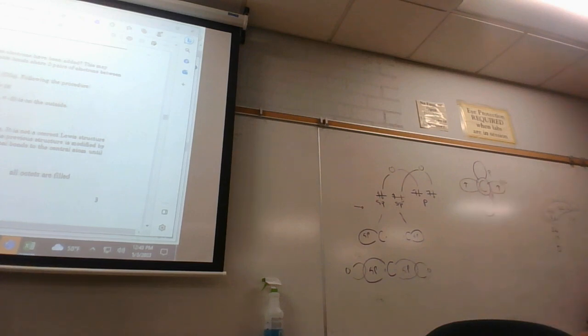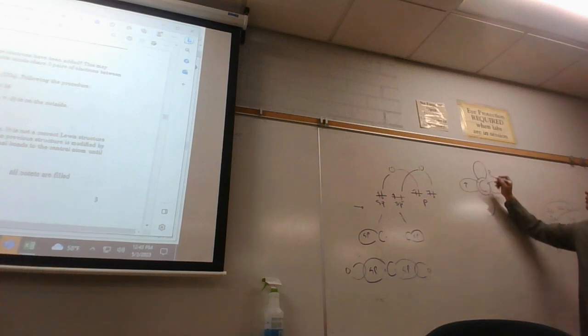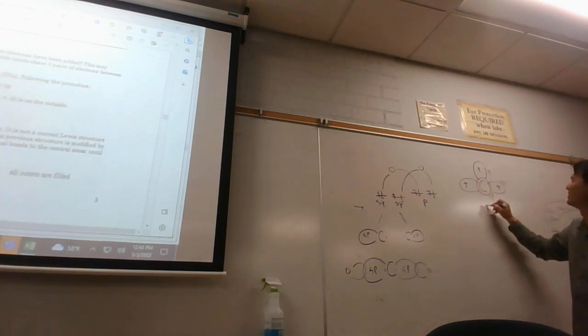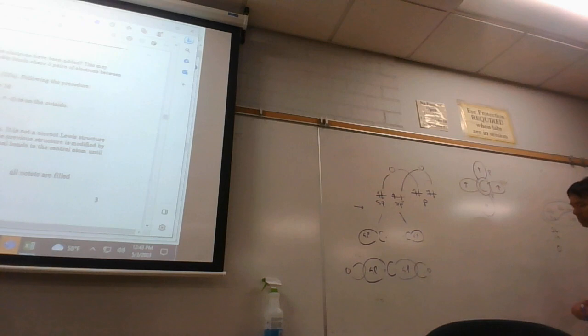Okay. And each of these p orbitals will have one electron, like this. And so what we're going to do is bring everything together. To this single oxygen, a carbon comes in, and it's going to bond here and here.